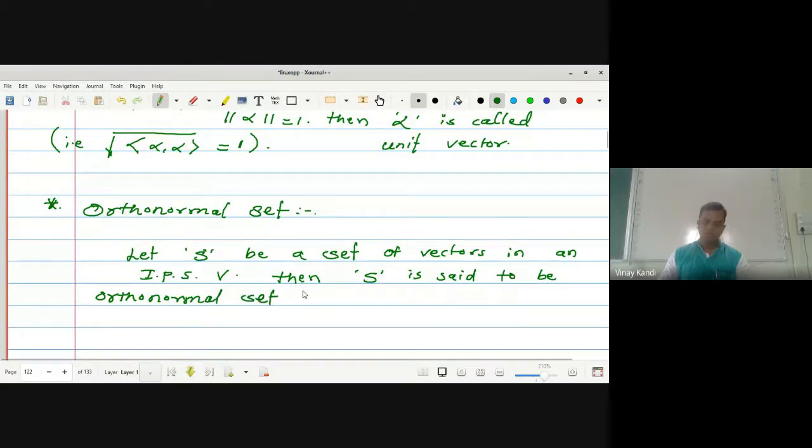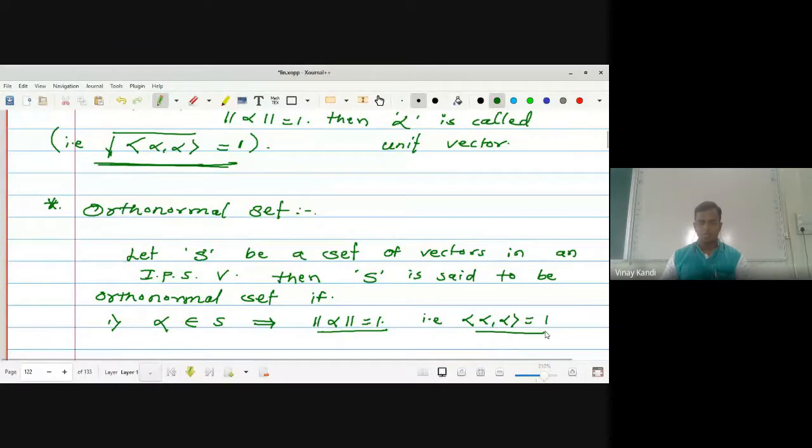Look at the first condition: alpha belongs to S implies norm of alpha is equal to 1. That is, the inner product of alpha with alpha is equal to 1. Norm of alpha equal to 1 means the positive square root of the inner product of alpha with alpha is equal to 1. Taking the square on both sides, we get this.